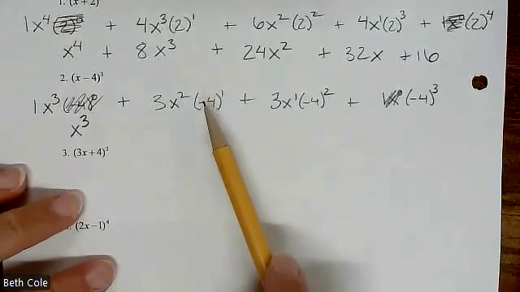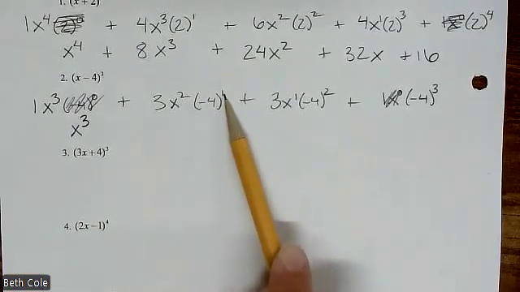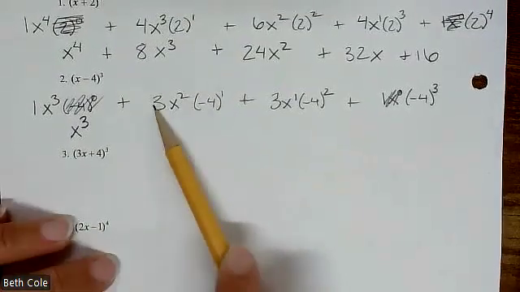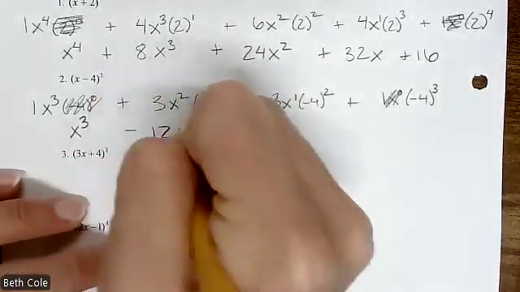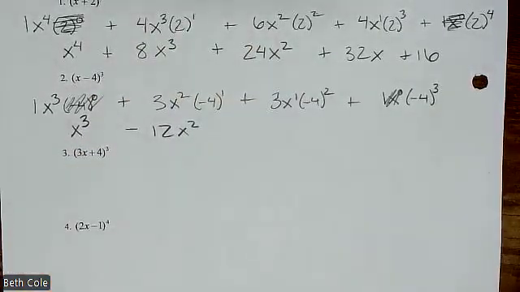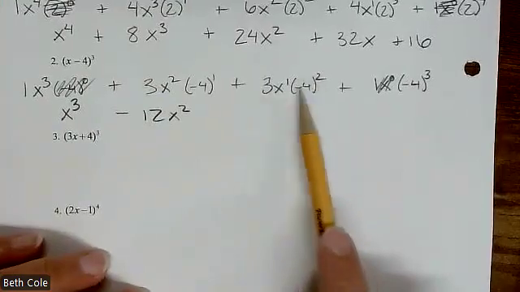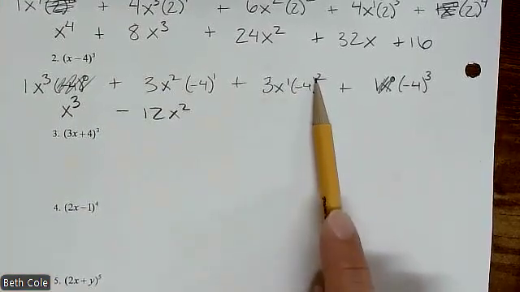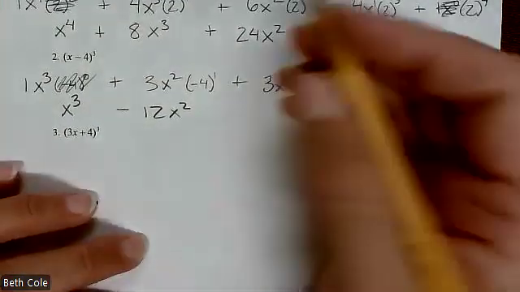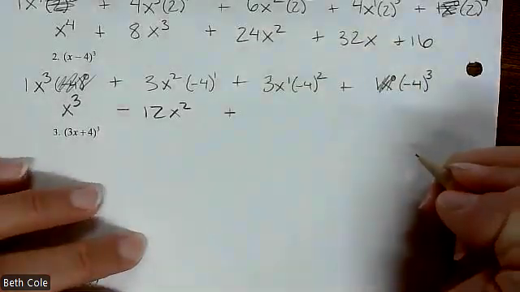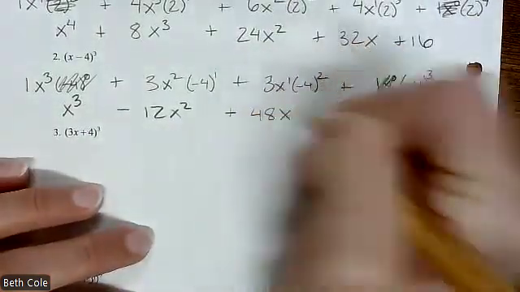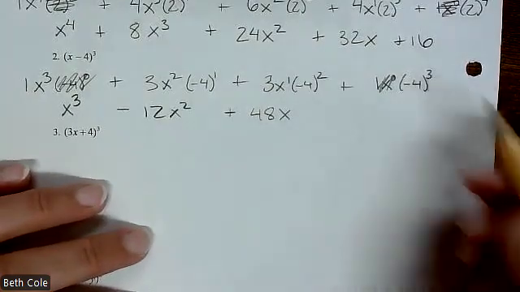Exponents first. Negative 4 to the first is negative 4 times 3 is negative 12. So negative 12x squared. Negative 4 squared is 16, positive 16 times 3 is 48. Good. And then negative 4 cubed.